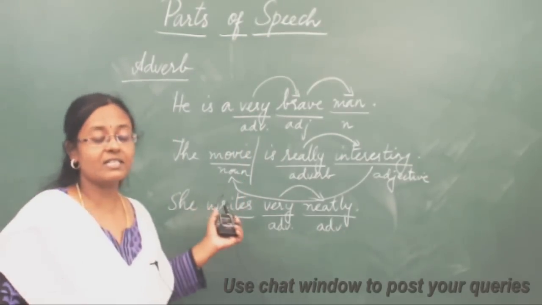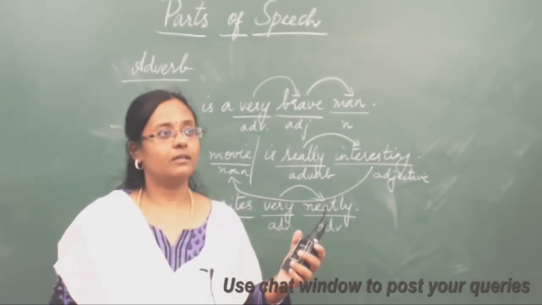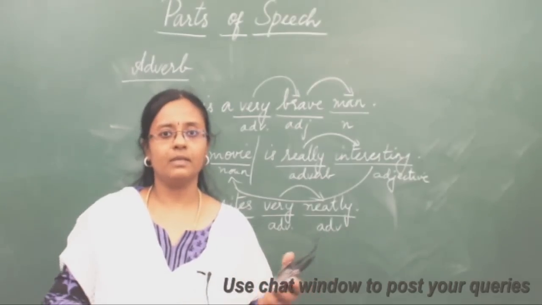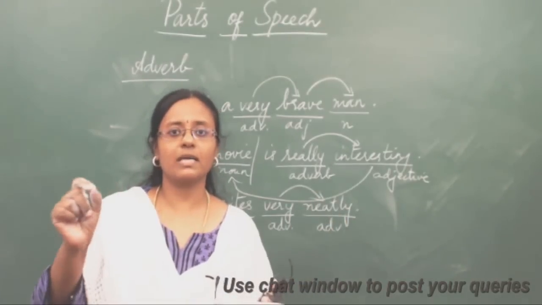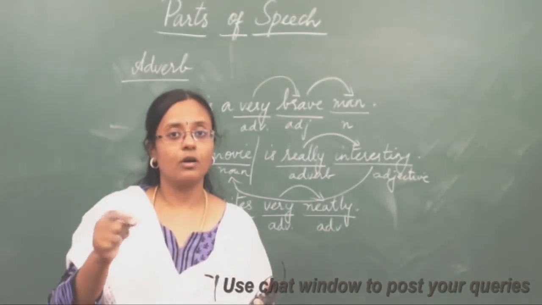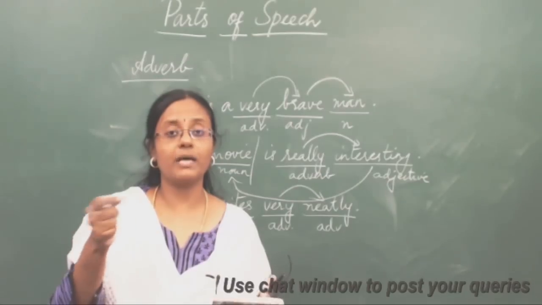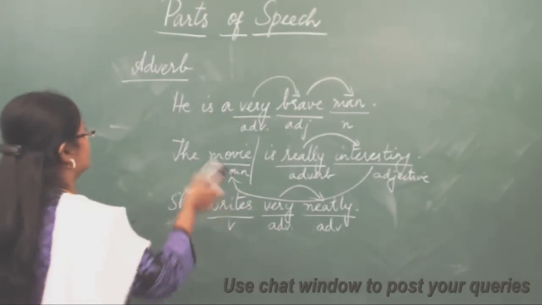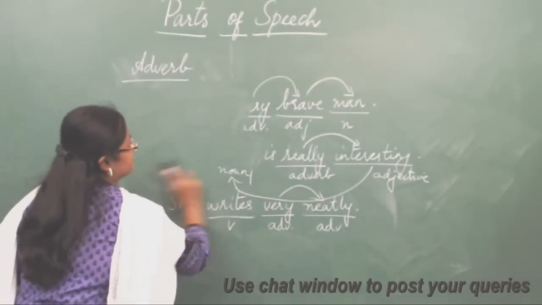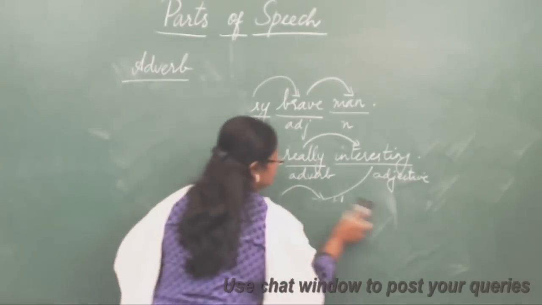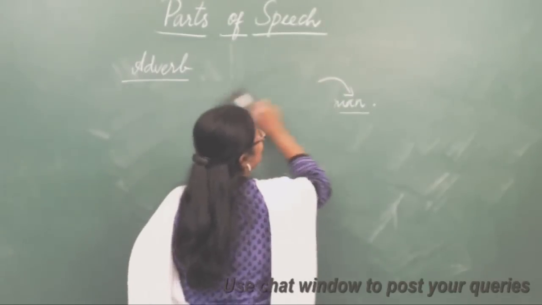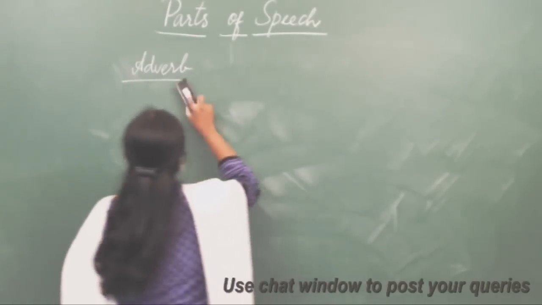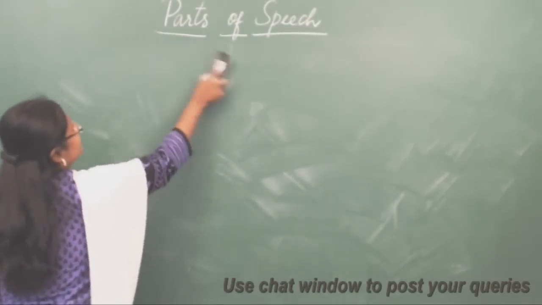There's a very interesting exercise I will tell. You can take some sentences or even a paragraph, underline some words, and then you try to find out what parts of speech these words are. Sometimes challenging also, but there lies the thrill of doing it.